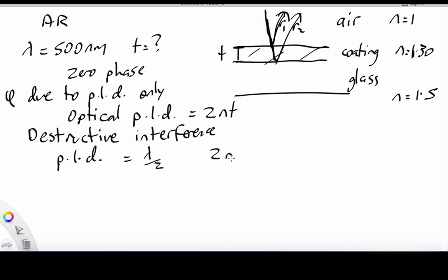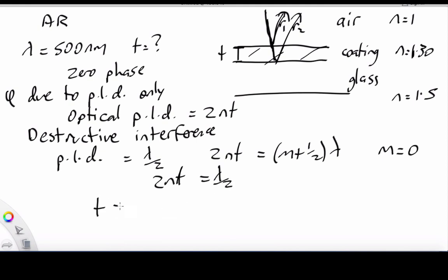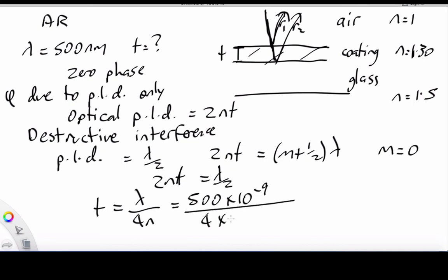In other words, 2nt equals (m plus a half) times lambda. And the minimum thickness is where m equals 0. So we have 2nt equals lambda over 2. t equals lambda over 4n, which is 500 times 10 to the minus 9 over 4 times 1.3, and that is 96 nanometers.